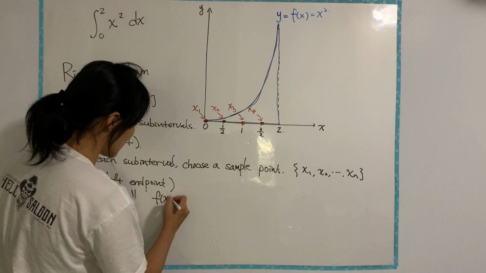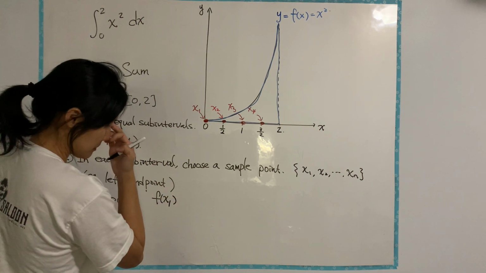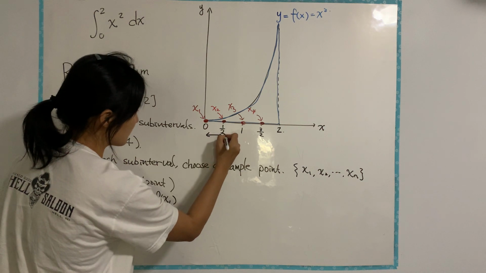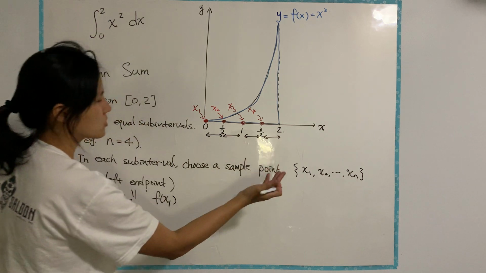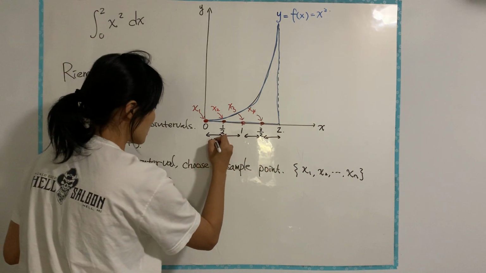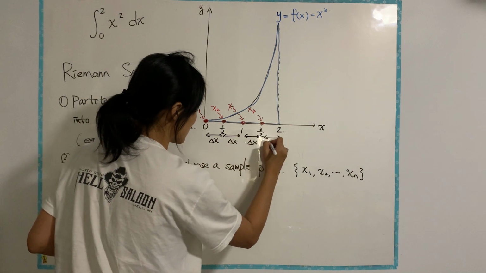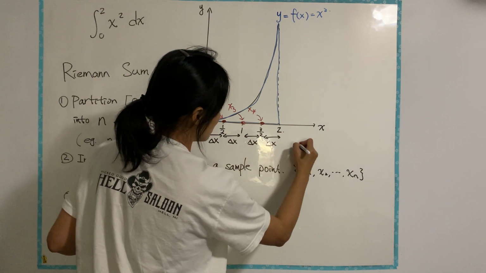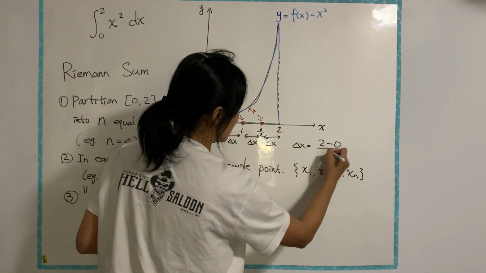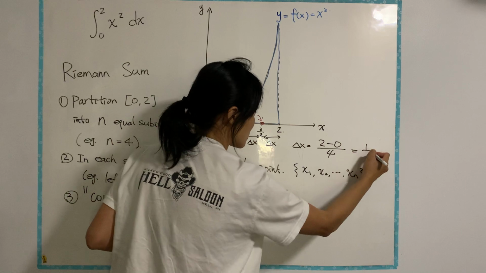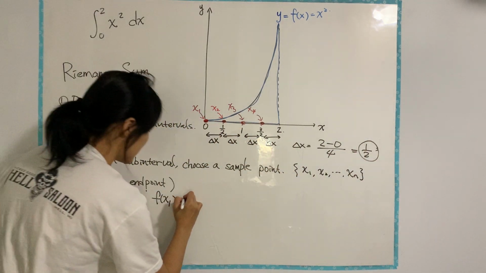Okay, so I'm going to compute f of x1 times the length of the subinterval. Because we're cutting this into equal pieces, let's just call this delta x. So the length of each subinterval is the same. Okay, so here delta x is dividing 2 minus 0 into 4 pieces. So each subinterval has length a half.